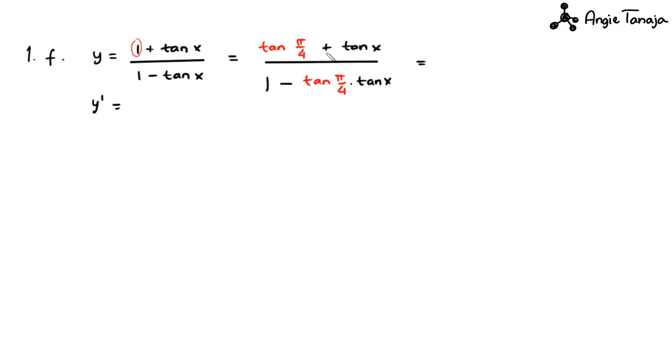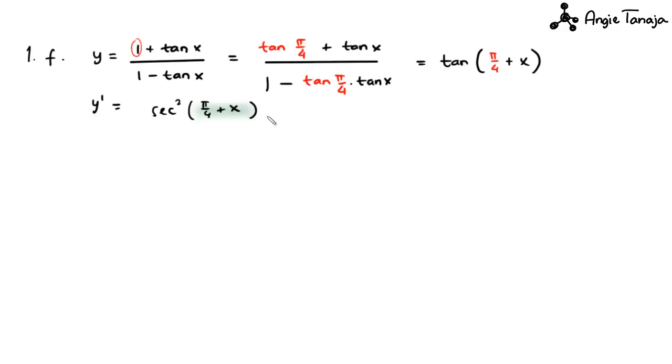But this form is very unique because it's actually the addition angle formula of tangent. So it becomes tangent of pi over 4 plus x. So when you try to differentiate this one, it will be very much simpler. It will be simply secant squared of the green part, which is pi over 4 plus x.